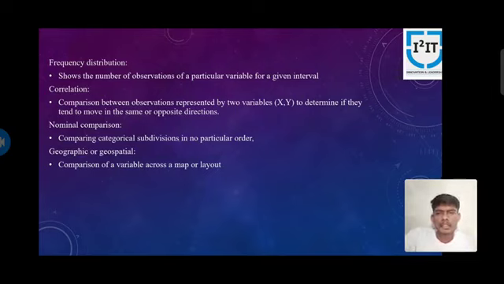Geographic means plotting graphs, scatter plots, matplots, or any other plots, comparing variables across a map or layout. When we use variables in a program, we can compare them with outputs.